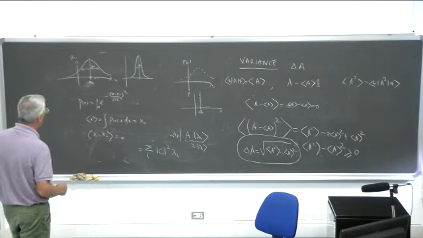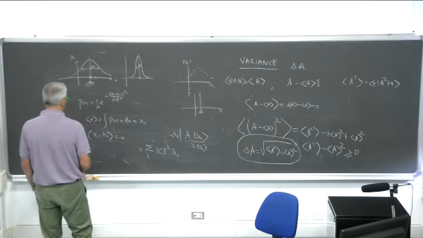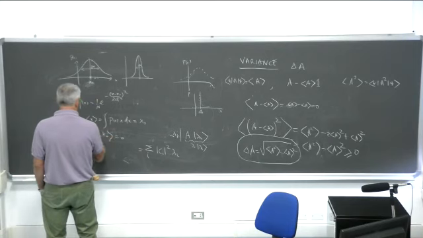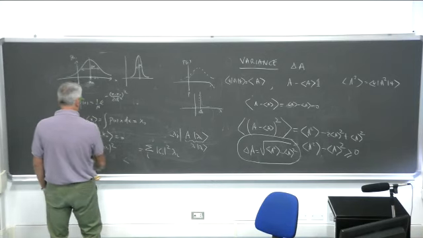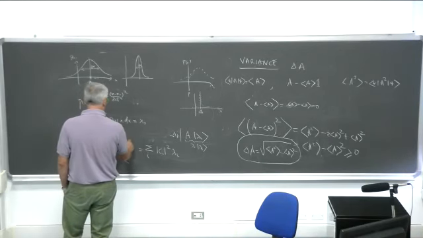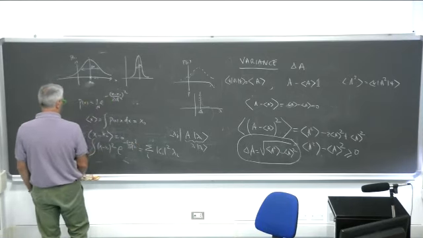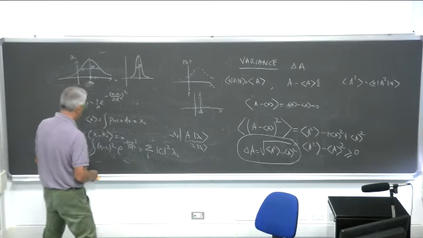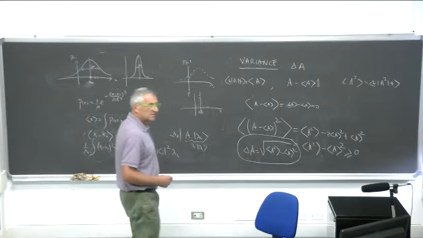But you can compute the integral of x minus x naught squared times e to the minus x minus x naught squared, times 1 over n. And this is what gives the variance, essentially.